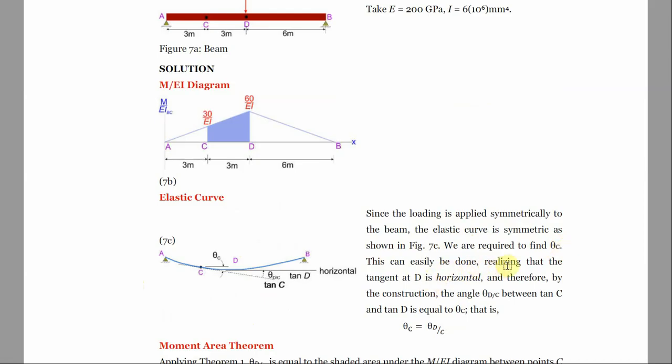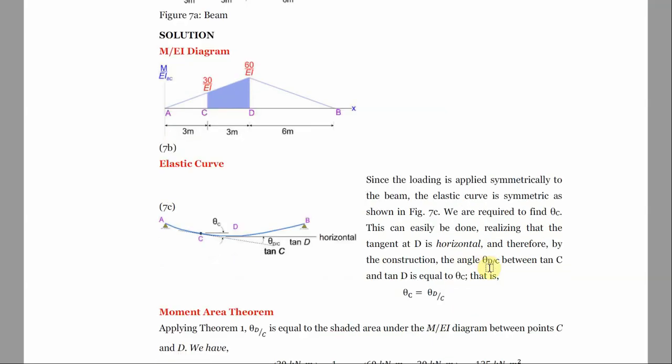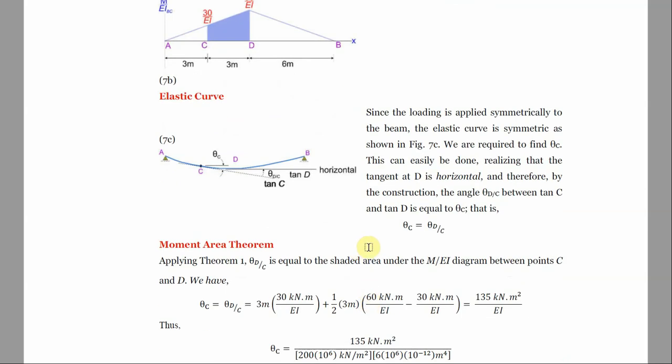This can easily be done by realizing that the tangent at d is horizontal, and therefore by construction, the angle theta d to c, between tangent c and tangent d, is equal to the slope at c.